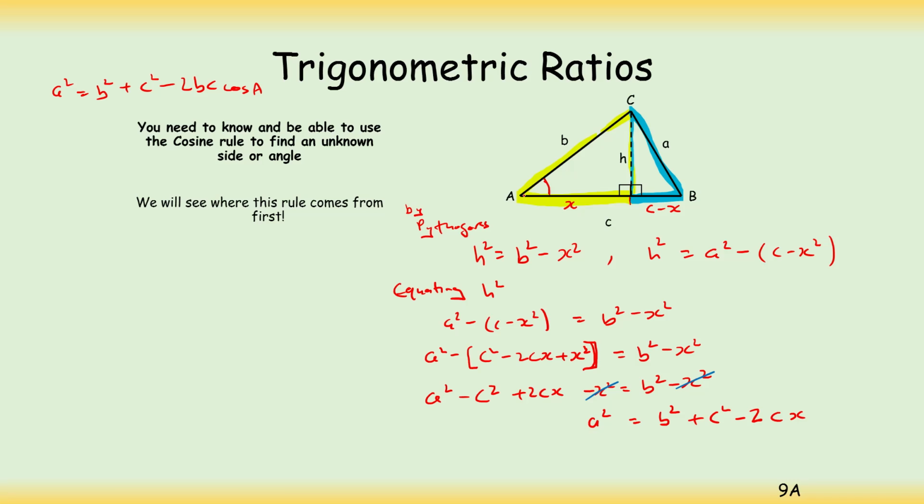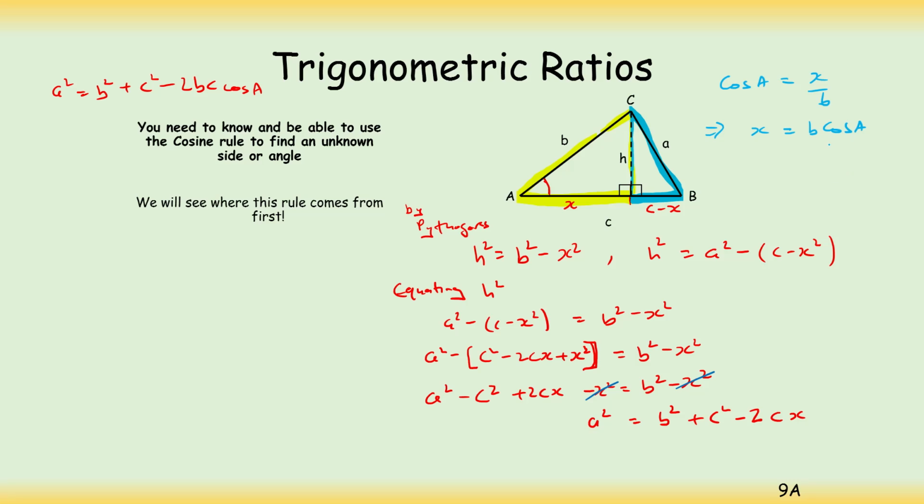So I know the angle here, and I've got x and b. So if I say cos of A, let's just do it on the side there in a different color. Cos of A in my yellow triangle is equal to adjacent over hypotenuse, x over b, which means that x is equal to b cos A.